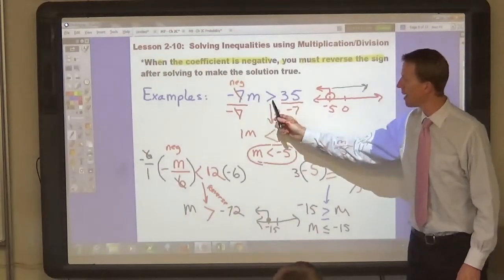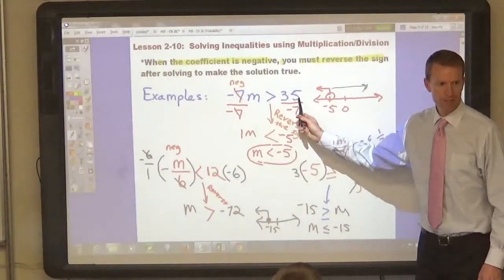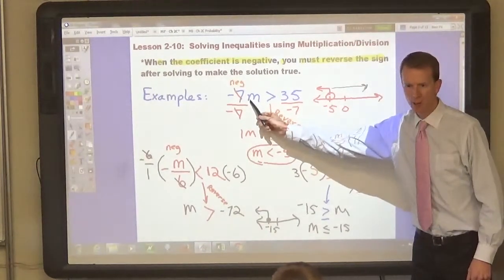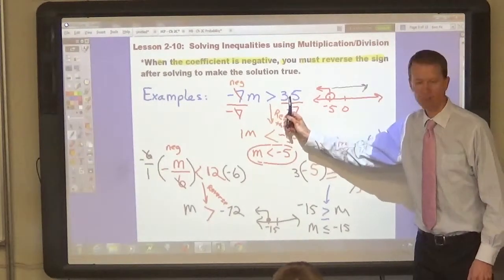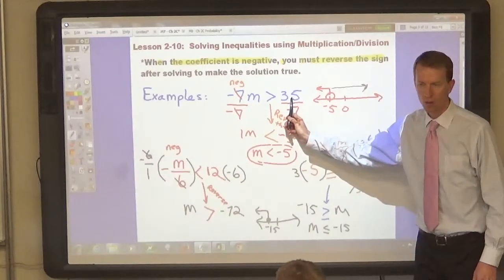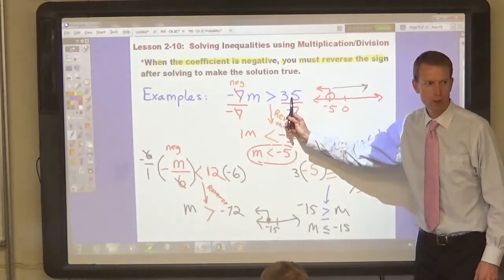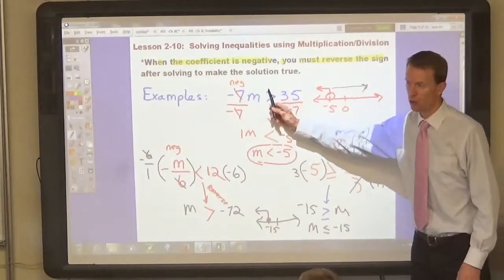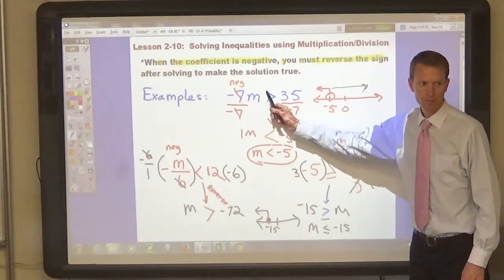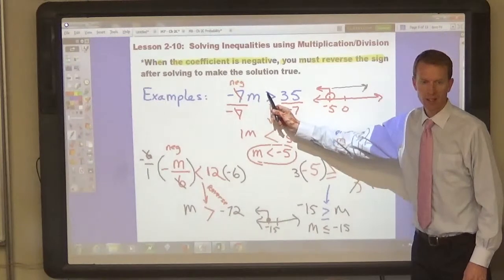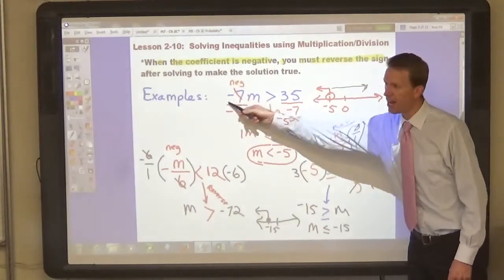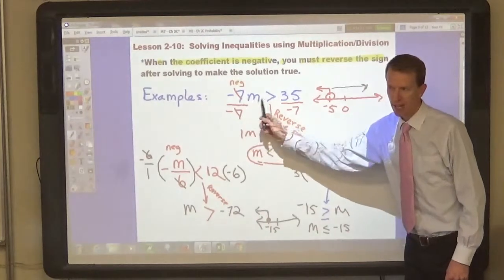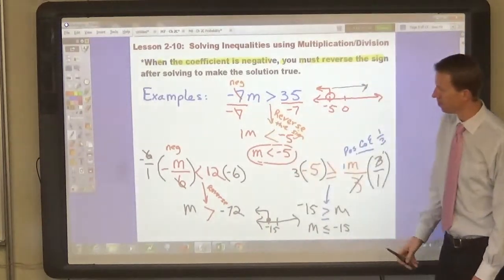Is negative 7 times 0 greater than positive 35? No, that's less, so that doesn't make it true. We have to reverse the sign in order to get the true solution. Whenever you have a negative coefficient, that's when you reverse the sign.